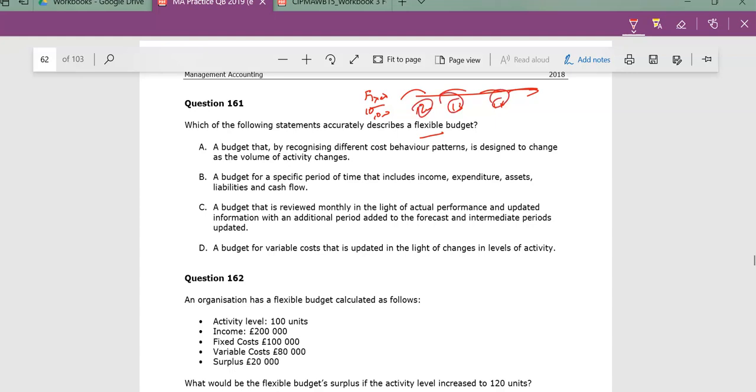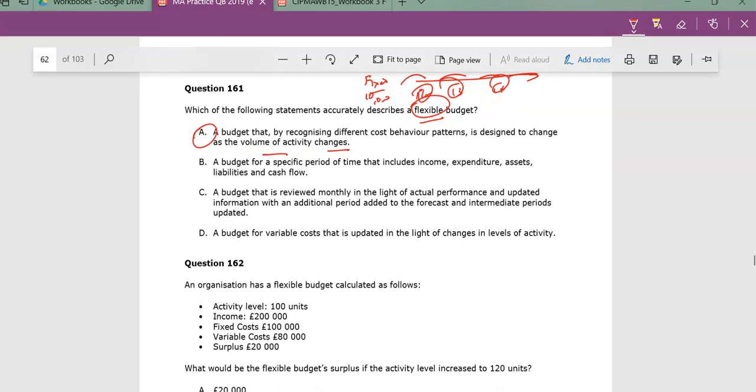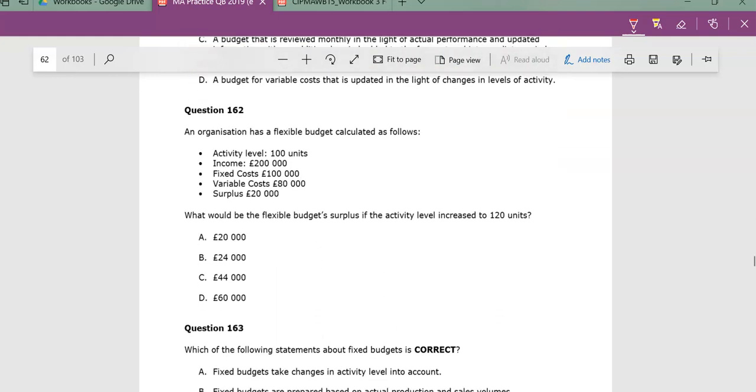You're creating budgets of several activities so you can understand what's going on. So a flexible budget fundamentally is designed to change as the volume of activity changes. So the answer here is A, in terms of what a flexible budget is. So it's very much about the volume of the activity. So the answer there is A.